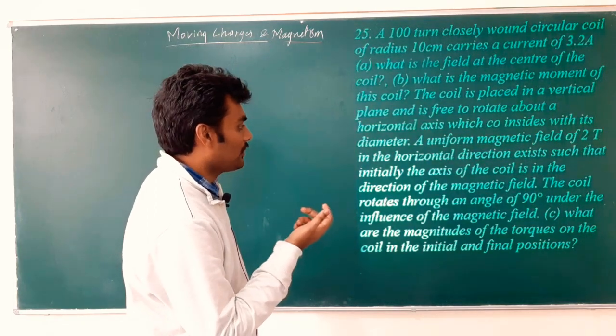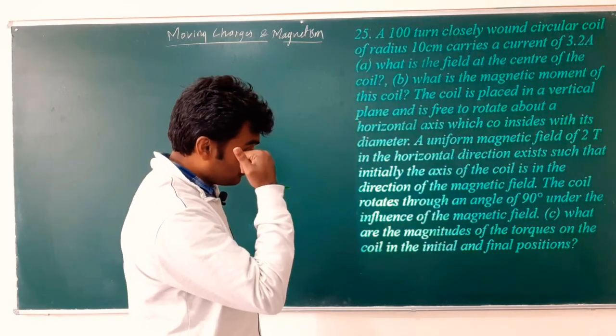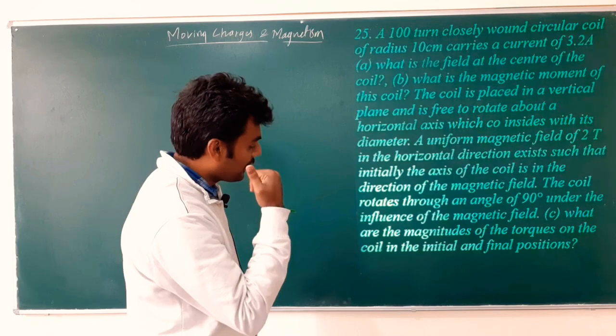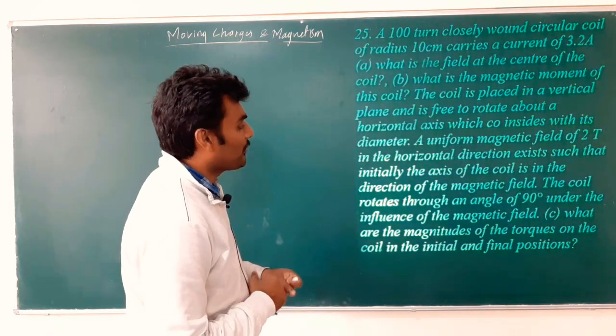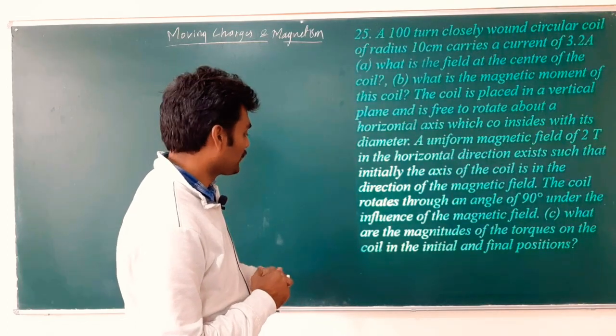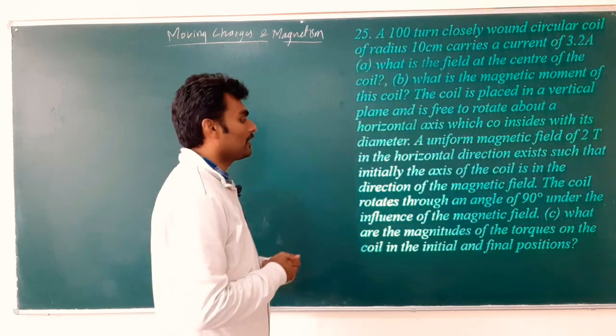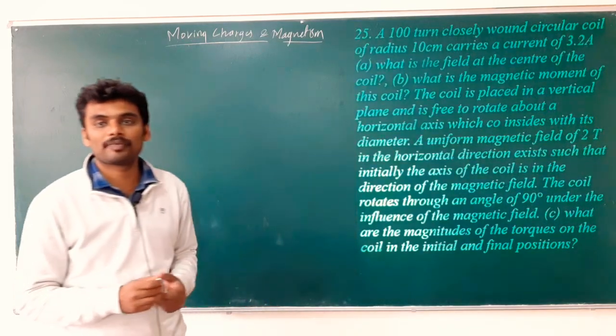The coil rotates through an angle of 90 degrees under the influence of the magnetic field. What are the magnitudes of torque on the coil in the initial and the final positions?